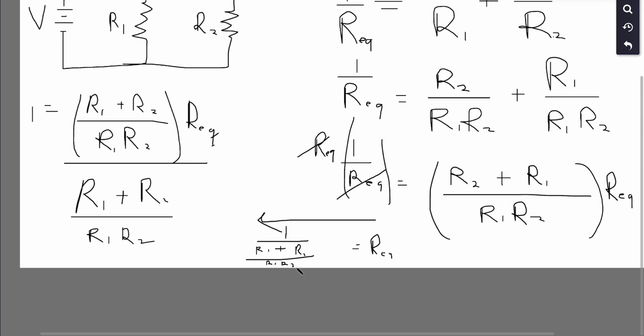I'm running out of space here, so bear with me. It'll look something like this. I mean, this can also be simplified to look something more like this: R equivalent is equal to R1 times R2 divided by R1 plus R2.